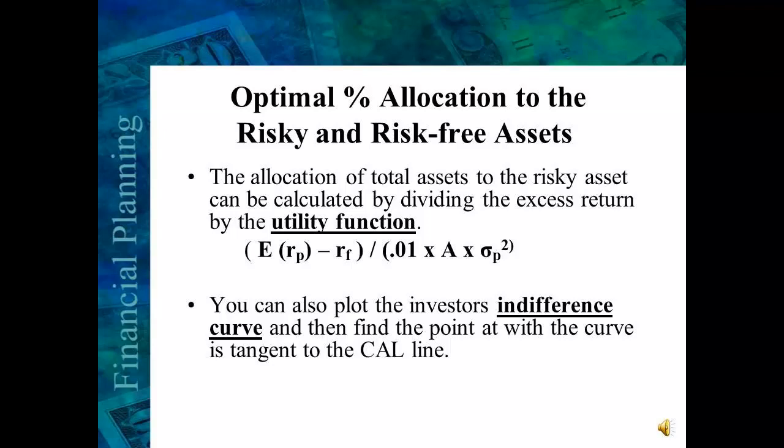The allocation of total assets to the risky asset can be calculated by dividing the excess return by the utility function. You could also plot the investor's indifference curve and then find a point at which the curve is tangent to the CAL line. Let's first work a problem using the utility function.